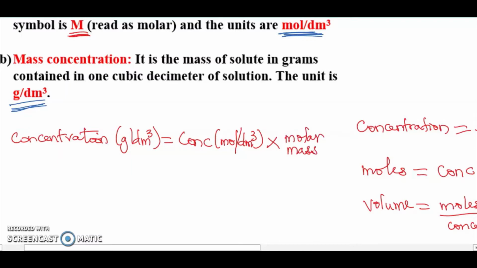Take note, concentration in gram per dm cube is equal to the concentration in mole per dm cube multiplied by the molar mass of the compound.